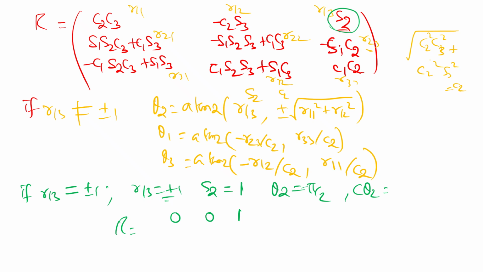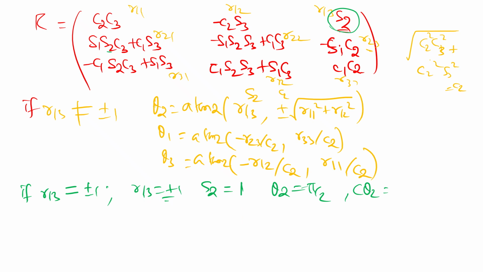One second, let me check that. Okay, so here S2 is 1. So it will become S1 C3 and then here S2 is 1, and then plus C1 S3. Let me give some space so that we can analyze properly.